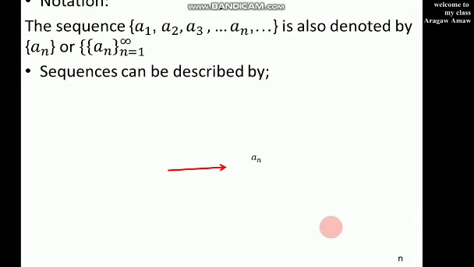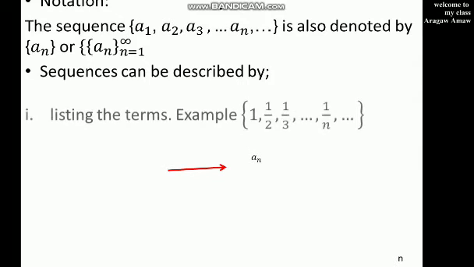The sequence a1, a2, a3, up to an and so on is also denoted by the set containing an for n runs from 1 up to infinity.